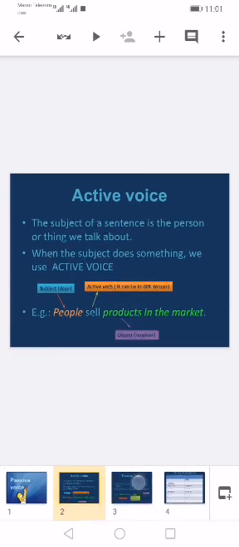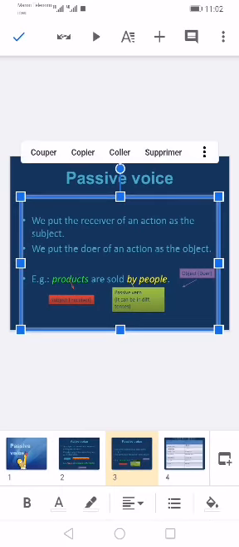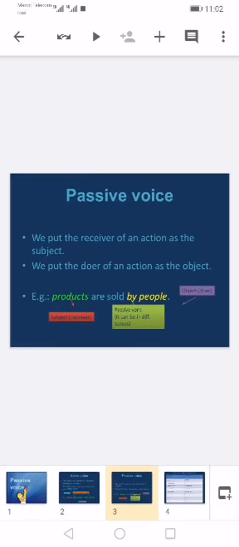On the other hand, in the passive voice, things change. Here we put the receiver, or the object of an action, as the doer of the action, and we put the doer, or the subject of the action, as the object. For example, in the sentence, the products, which is the object in the active voice, becomes the subject, and it becomes: products are sold by people.